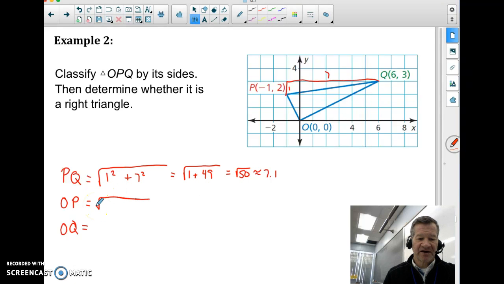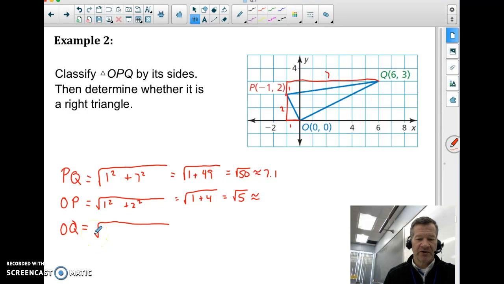Let's do the same thing from O to P. Well, there's 1 horizontally and 2 vertically. So it's 1 squared plus 2 squared. Again, 1 squared is 1, but 2 squared is 4. So that'll give us the square root of 5. I'll go to my calculator and figure this out at the same time as I do OQ.